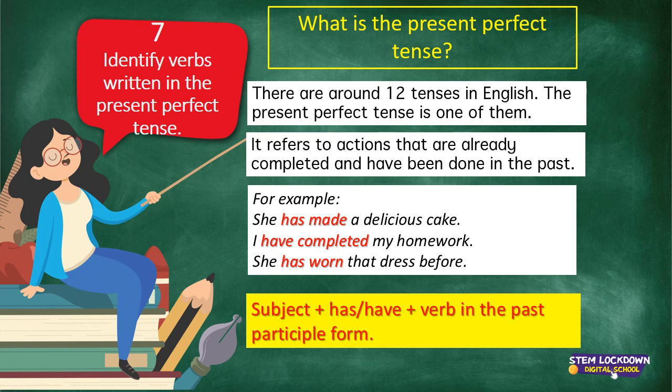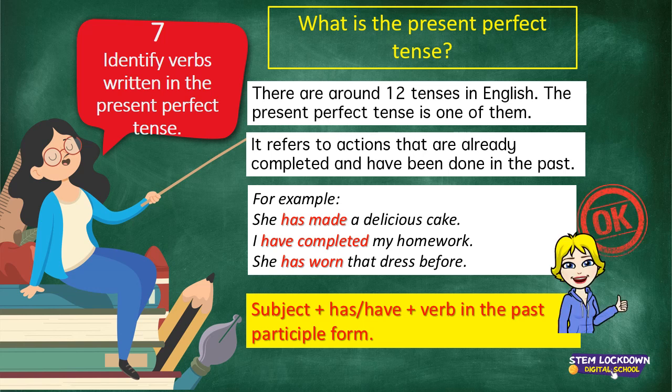I'll explain now what is meant by the past participle form. So if we look at that first sentence, the subject, she. Then we have has or have, has. Then we have the verb in the past participle form, made. Right, so let's go on.